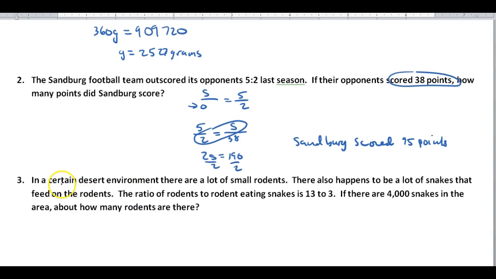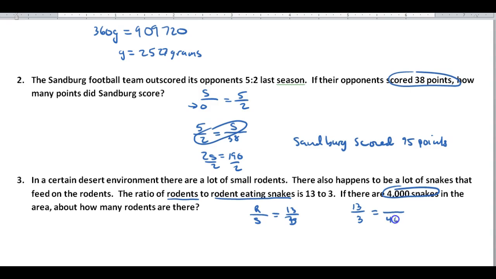Now number 3, in a certain desert environment there are a lot of small rodents. There also happens to be a lot of snakes that feed on the rodents. Ratio of rodents to rodent-eating snakes. So you have your rodents to snakes is equal to 13 to 3. There are 4,000 snakes in the area. How many rodents are there? Well, we set up our proportion. Rodents to snakes equals, here they tell us snakes. Where did we put that?